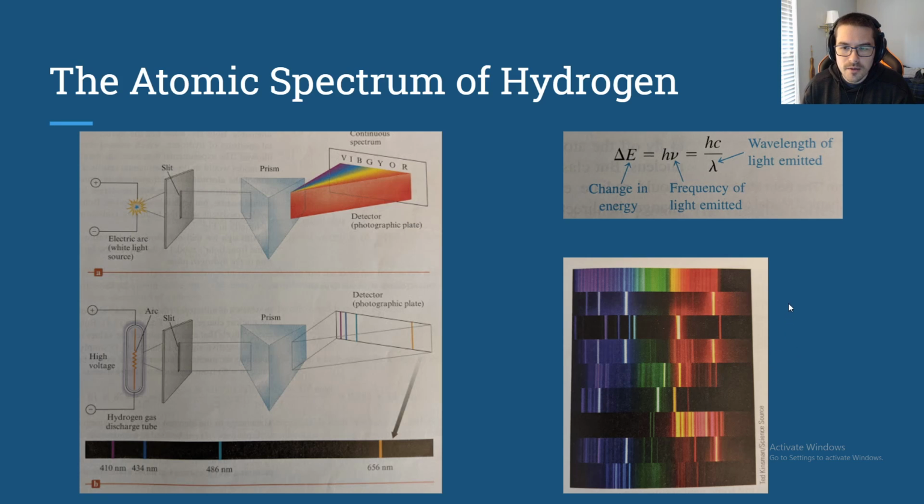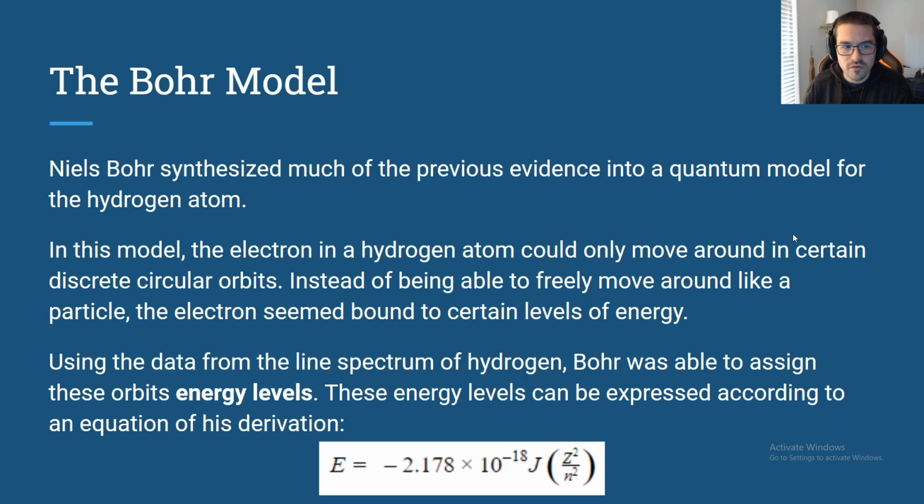So one character in our story, like I said, we're telling a story today, took some of this information together and did a lot of work with it. His name was Niels Bohr.